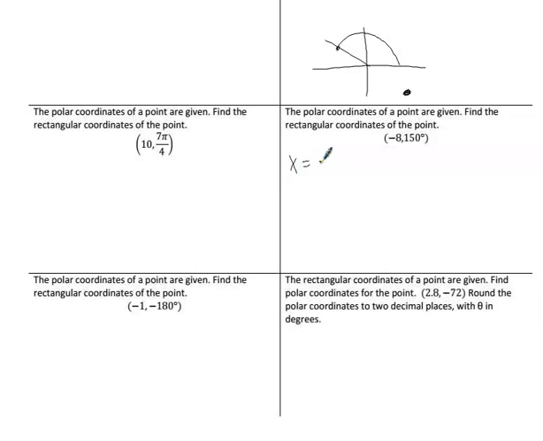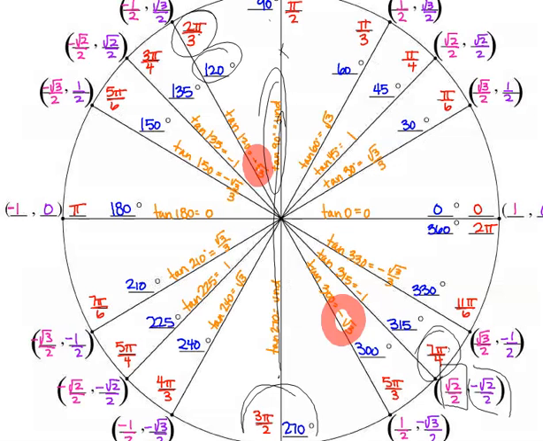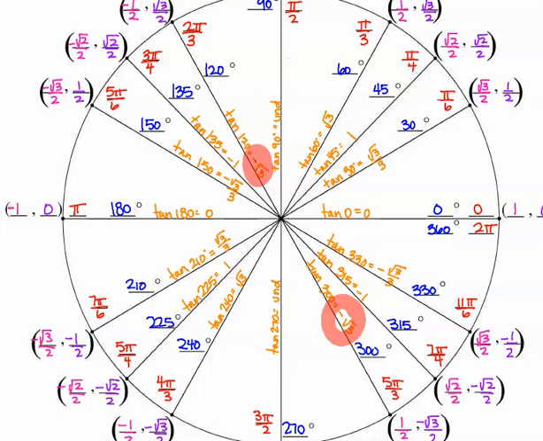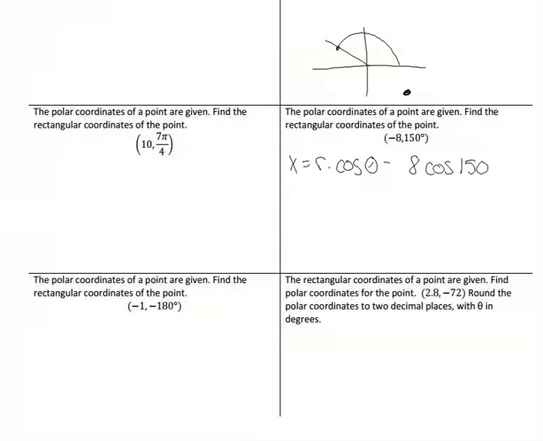X is r times the cosine of theta, which in this case would be -8 times the cosine of 150 degrees. So we go back to the unit circle. 150 degrees is right here, and cosine is -√3/2.